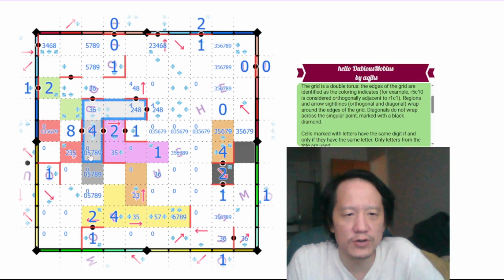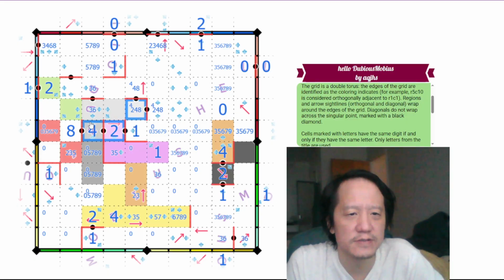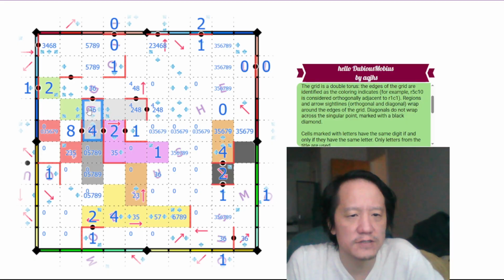We don't know if it's part of this region or what. Oh, I need a 10th color. Oh, no, we'll get to that when we get to there. If, well, I guess this could be 3.